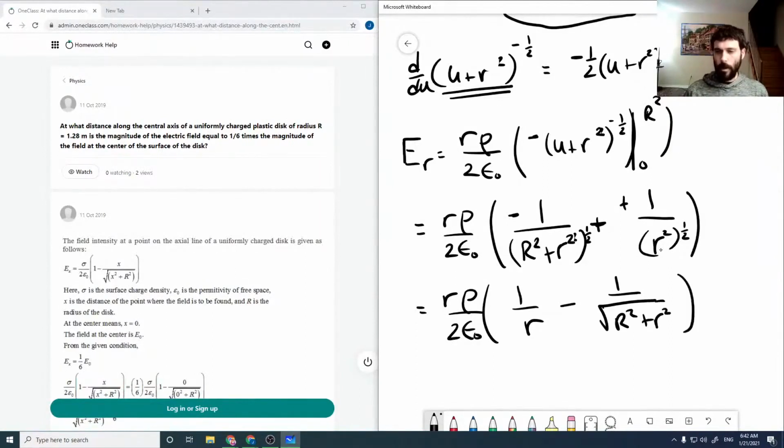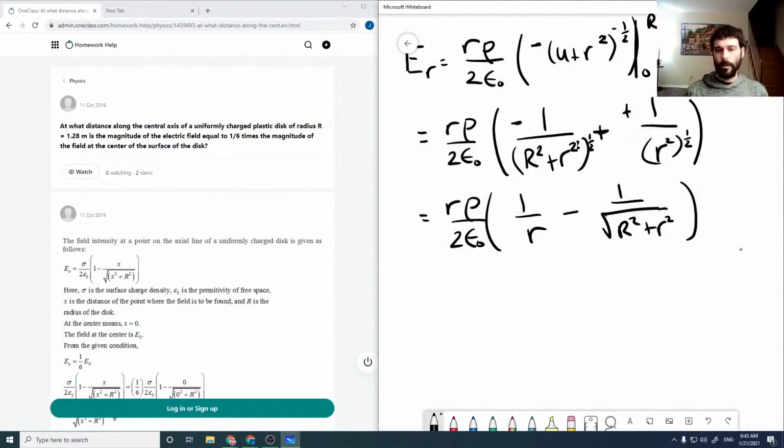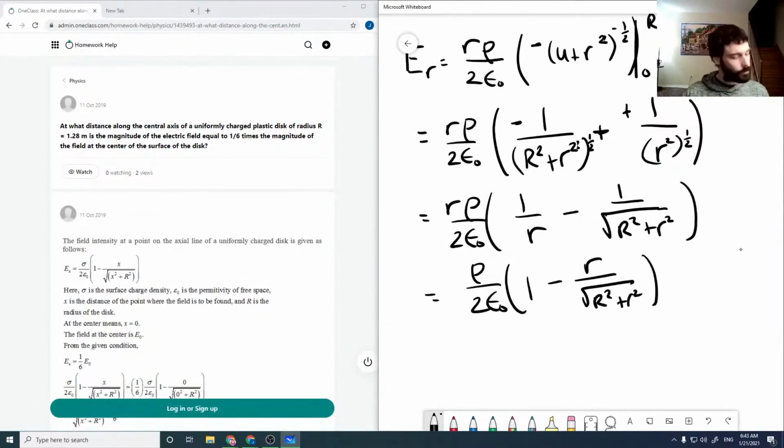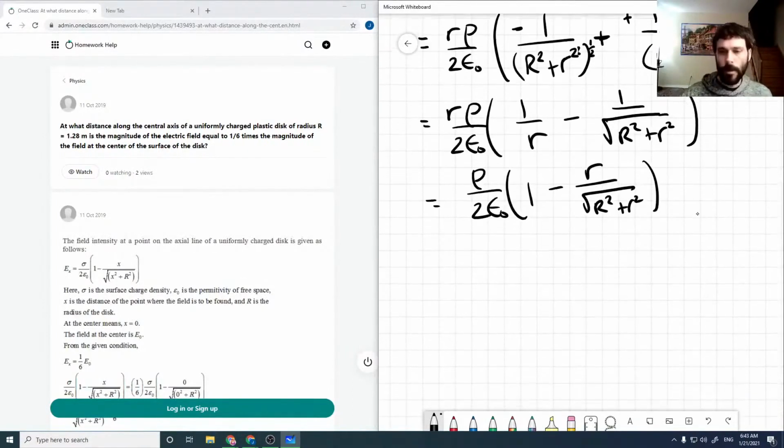And then we could pull the 1 over R out here to give us rho over 2 epsilon naught, 1 minus R over root R squared plus R squared. Okay. So then there's our E field expression.